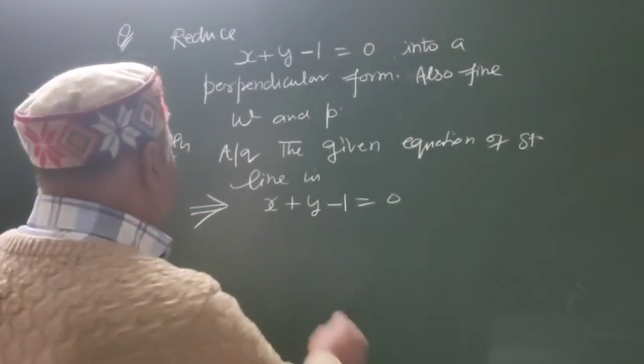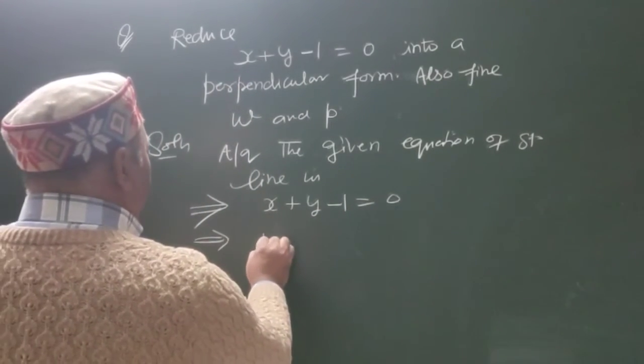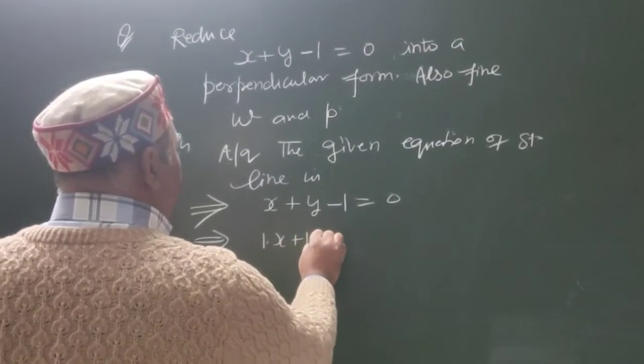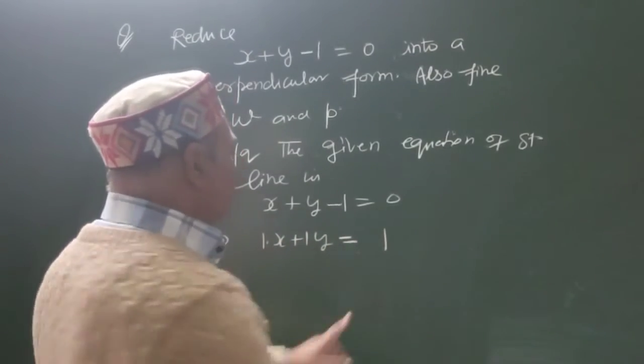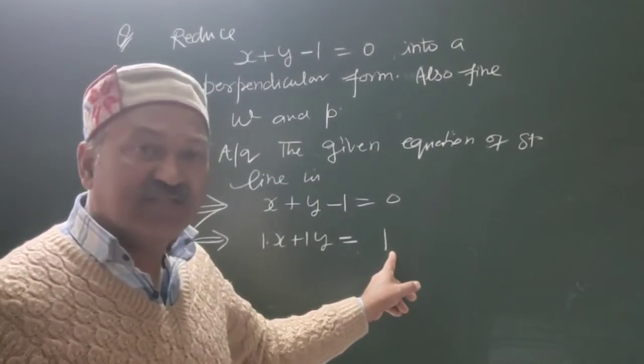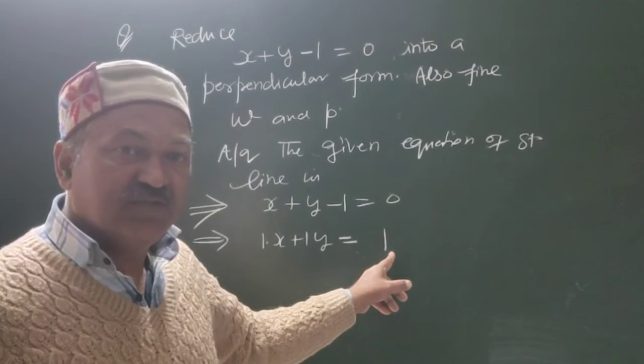Taking the constant to the right hand side, 1 into x plus 1 into y is equal to 1. This is c. It is positive, the right hand side is already positive.